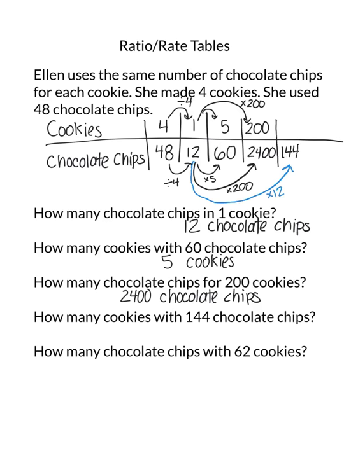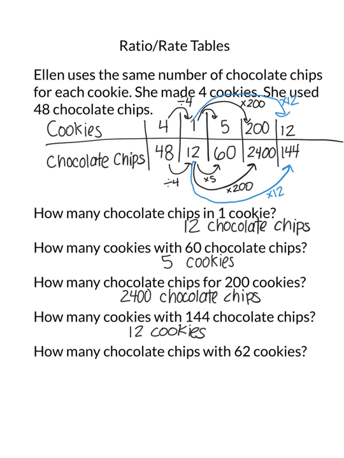So then, looking at the 12, I'll go straight up and now use the 1 to compare. If I did 12 times 12, then I will go up and do 1 times 12. And 1 times 12 gets me 12. So I would have 12 cookies.